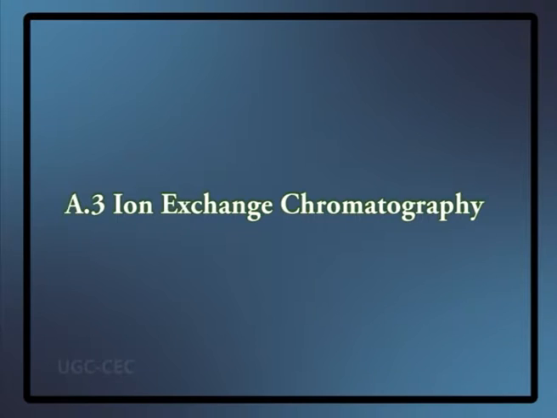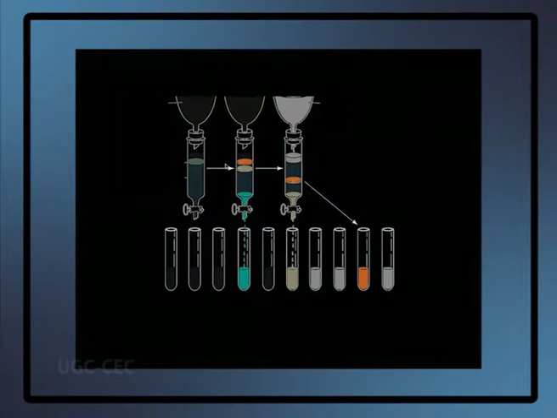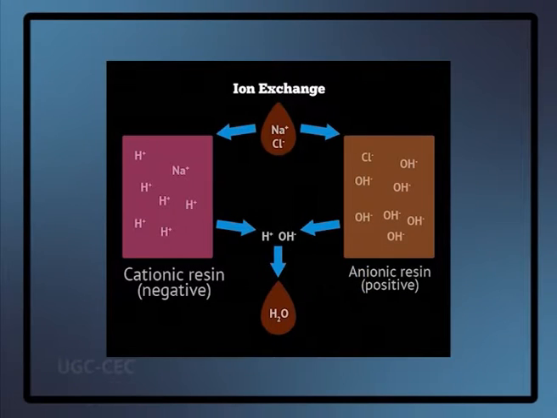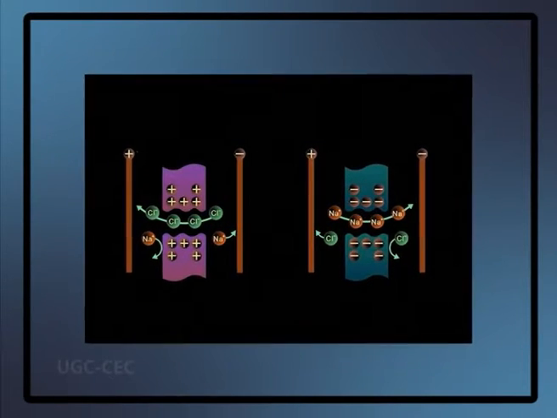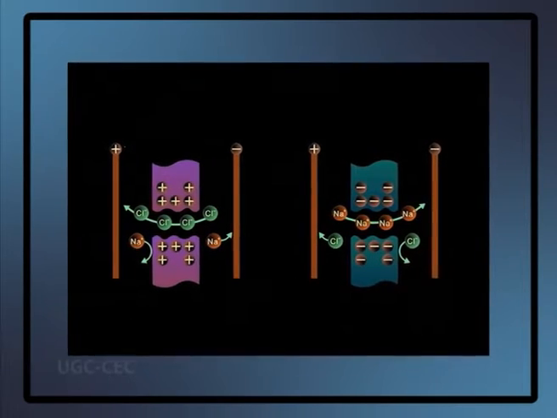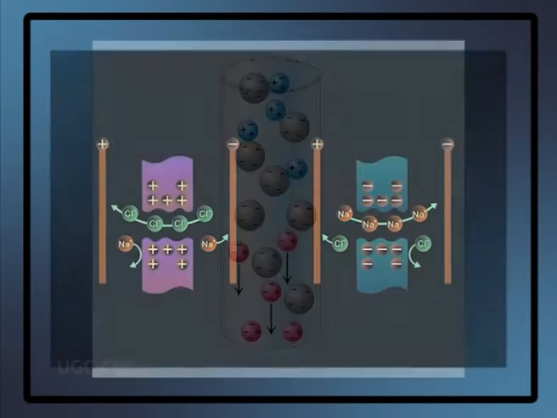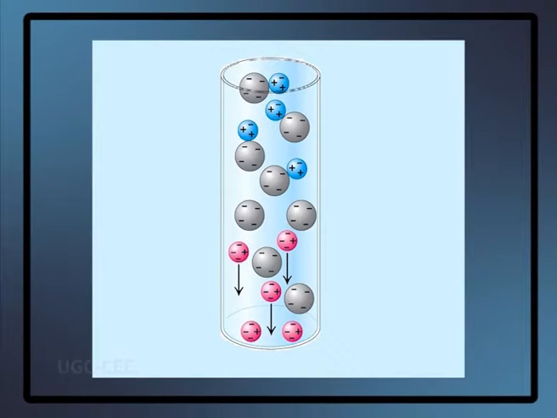Ion exchange chromatography. It is used for separation of charged molecules. The stationary phase is an ion exchange resin to which cationic or anionic groups are covalently bonded. Ions of opposite charge in the mobile phase will be attracted to the resin and compete with the components of the mixture for the charged group on the resin.